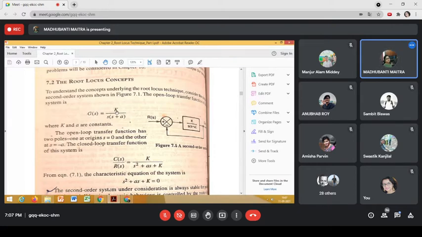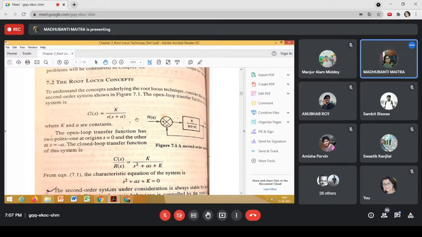So here we'll assume that we'll be varying the gain K over a wide region, that means from 0 to infinity.